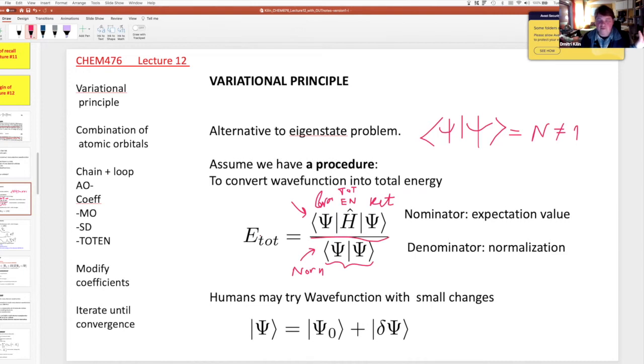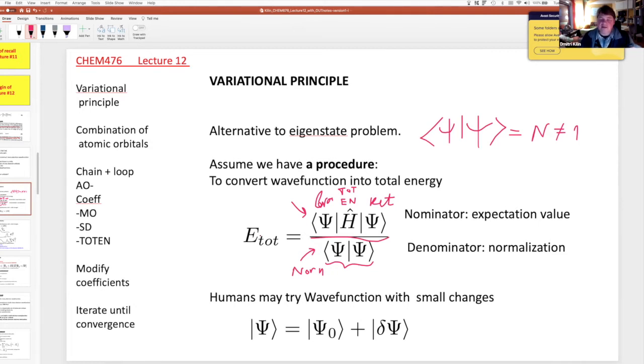Now, if I have several wave functions, I will compute total energy for each of them, and only the one that gives minimal energy will be my favorite. Make sense?